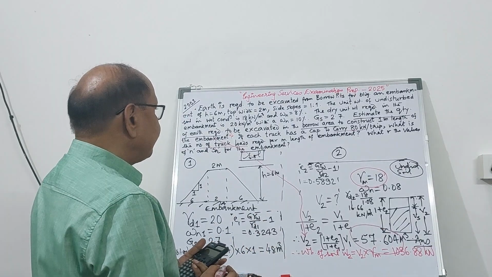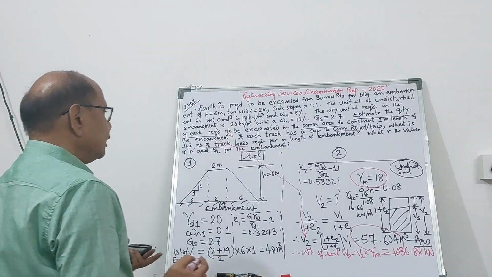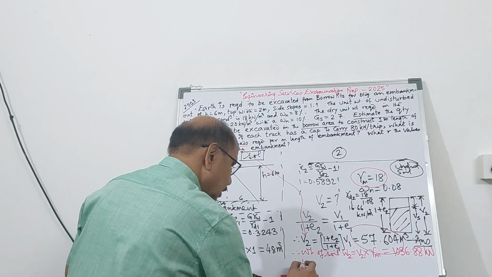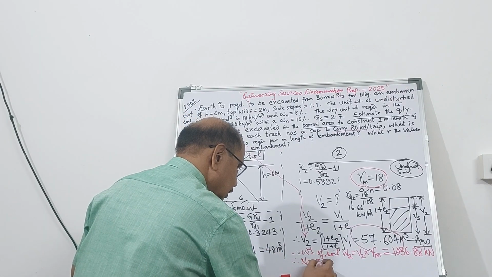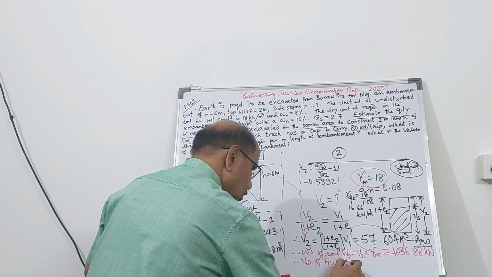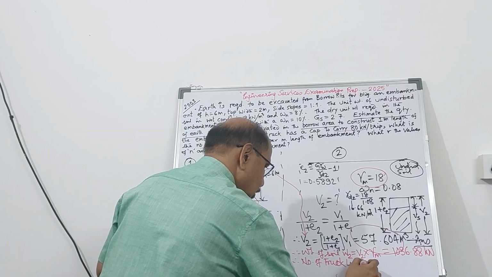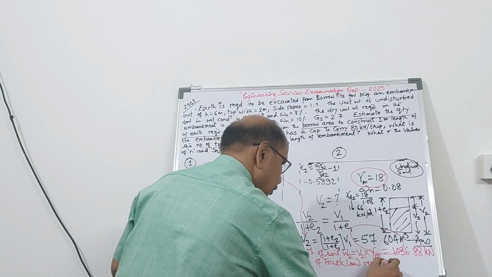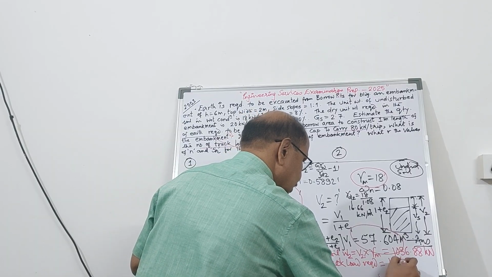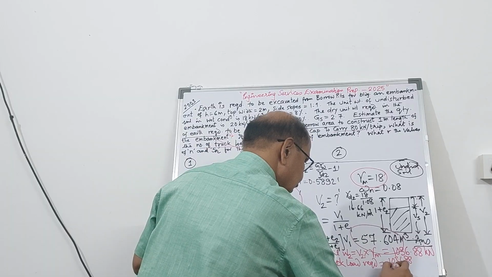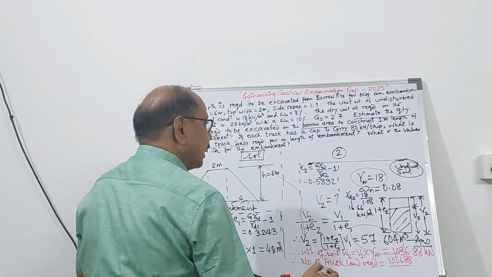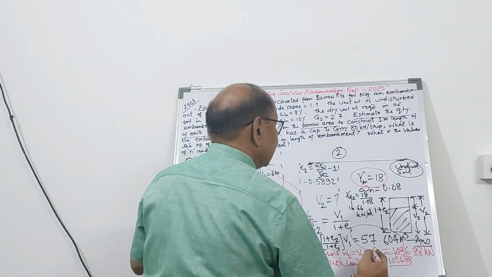Now the number of truckloads required will be the weight of the soil, that is 1036.88, divided by 80, since it is going to carry only 80 kilonewtons in each trip.